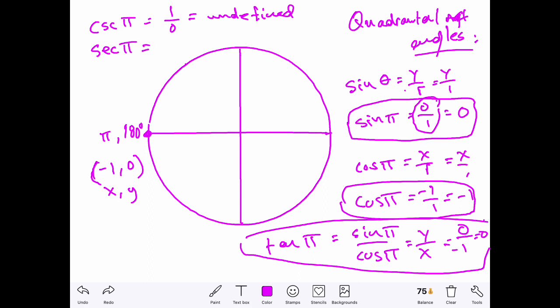Well, secant of pi is just cosine flipped over. Well, what's -1 over 1 flipped over? 1 over -1, which is still -1. And let's do cotangent. It would just be tangent flipped over, and if tangent is 0 over -1, it'd be -1 over 0. We've got 0 in the denominator, hence we have the undefined quality.